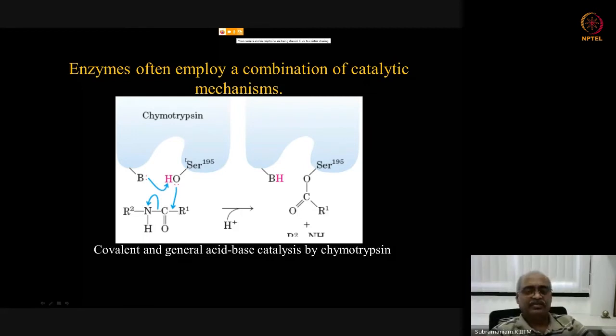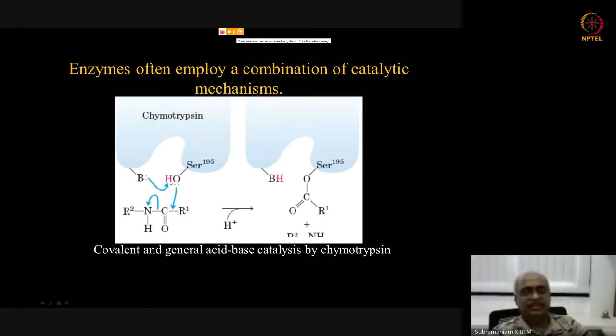So in its active site, you have a serine's hydroxyl group that participates in covalent catalysis. You see here serine's alcohol group in an ester linkage with the carboxyl group of this amino acid with the R1 group. And just before that step, another amino acid side chain in the active site acts as a base catalyst. It acts as a proton acceptor temporarily.